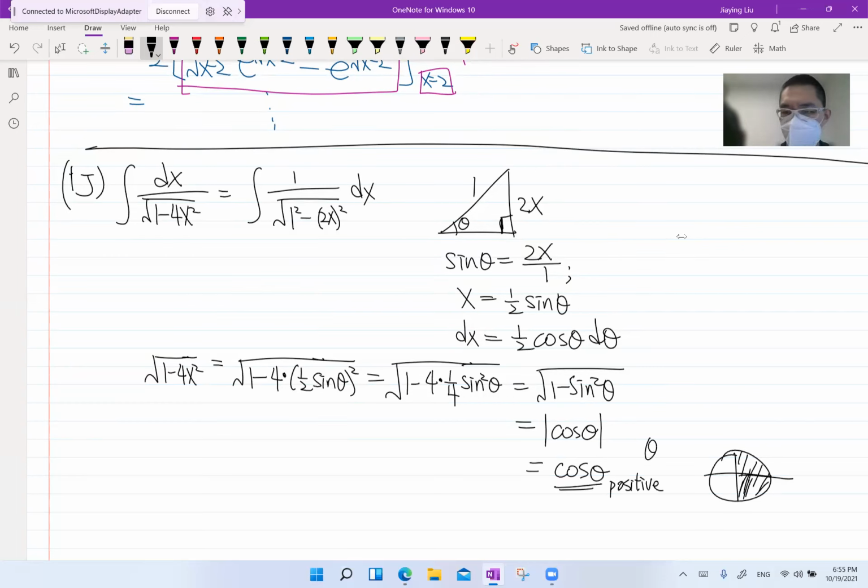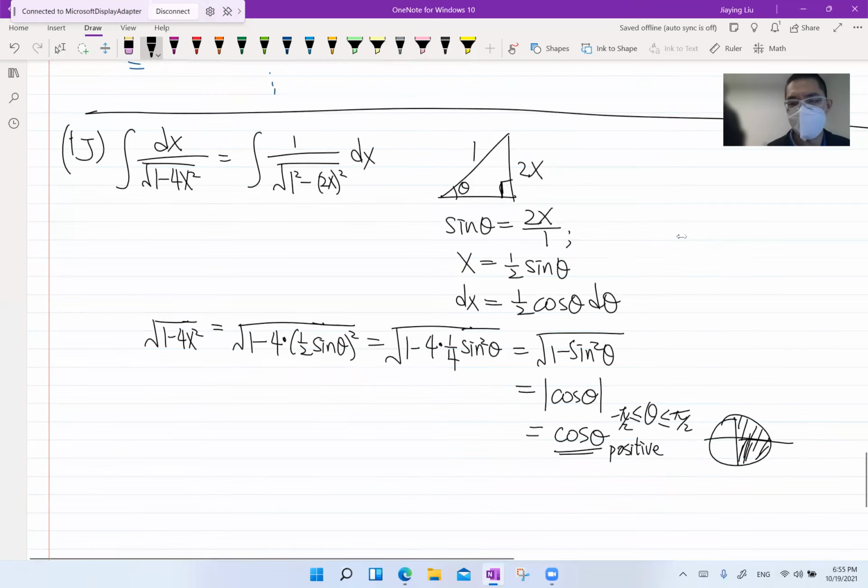So we have to say the angle theta is from negative pi over 2 to pi over 2. But it's an indefinite integral, so that's the only case we're considering now. So if you just jump to cosine theta directly, I don't think there's anything wrong there for this process.